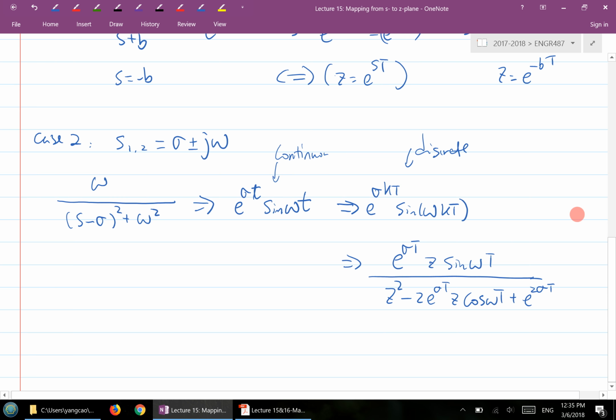Now you can verify this again. On the left side you've got two poles, sigma plus minus j omega.